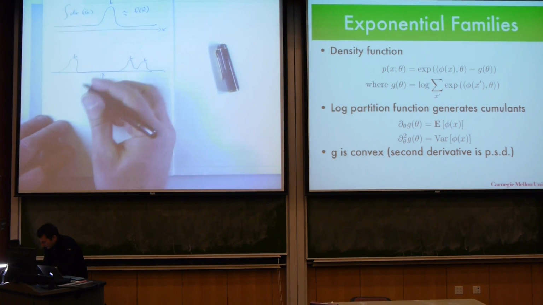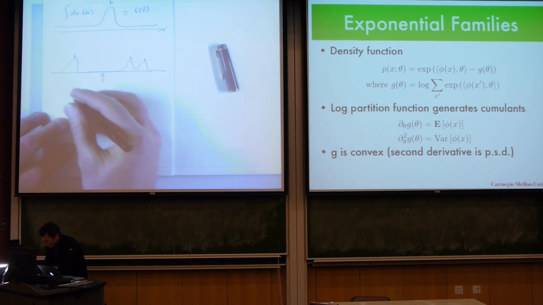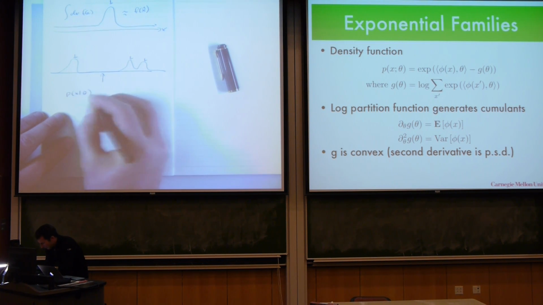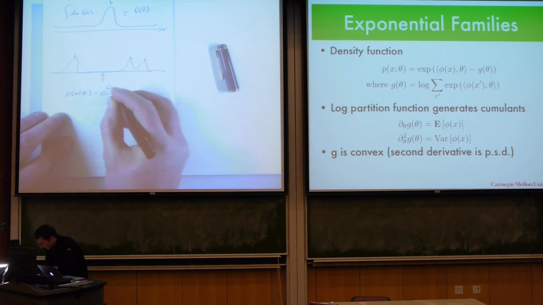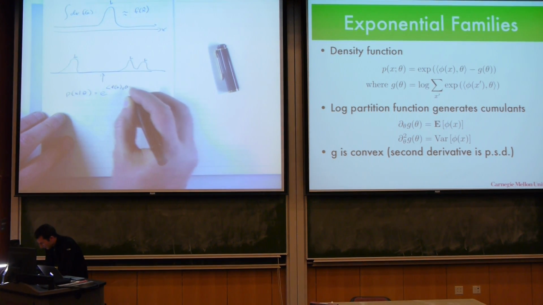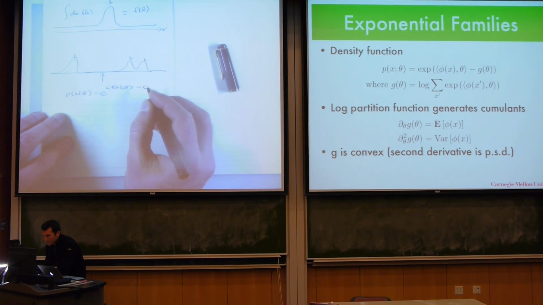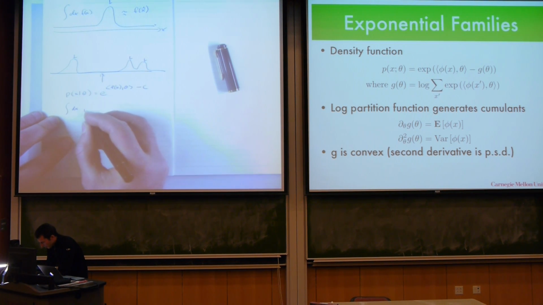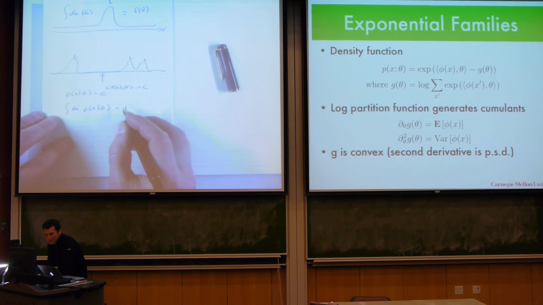So how do we get this normalization g? Let's just start with P of x parameterized by theta is e to the phi of x times theta minus some constant c. And that constant c, of course, will need to be chosen in such a way that the integral dx of P of x parameterized by theta equals 1. Right?